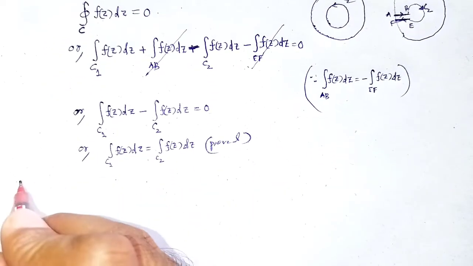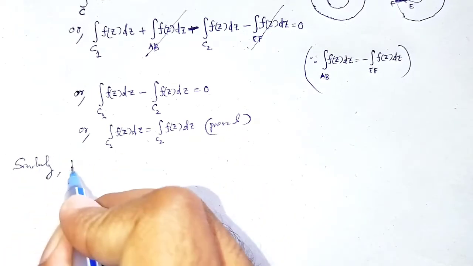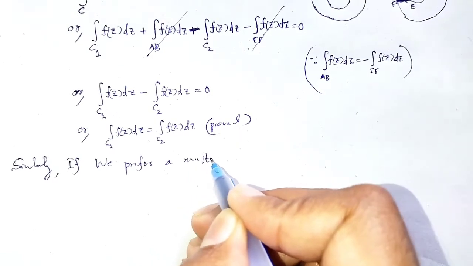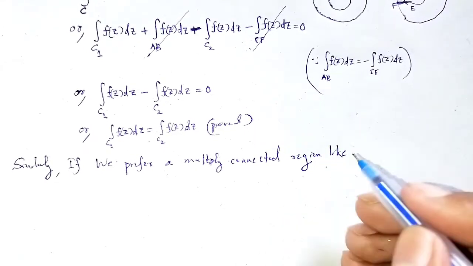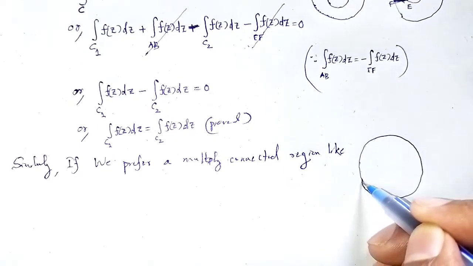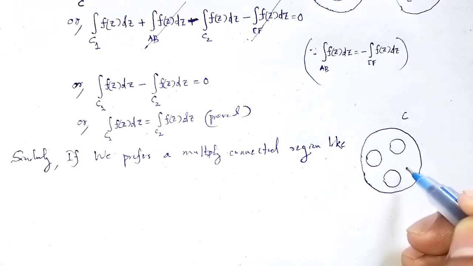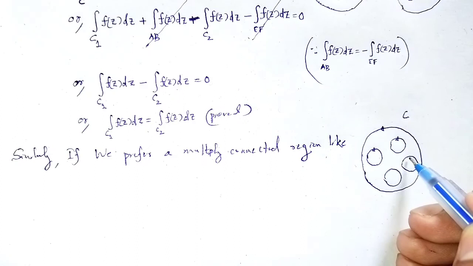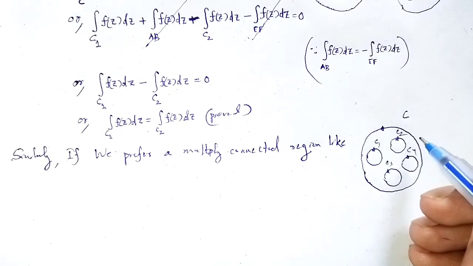Similarly, if you have a multiple connected region C, there will be various types of curves named C1, C2, C3, C4 up to Cn.